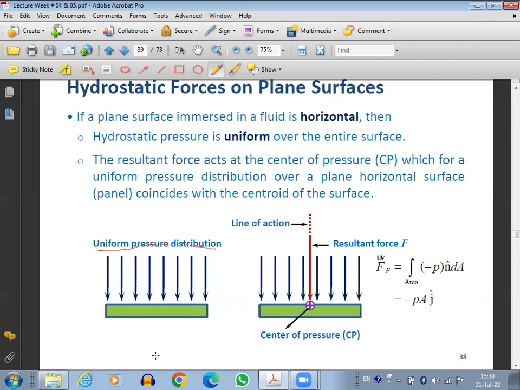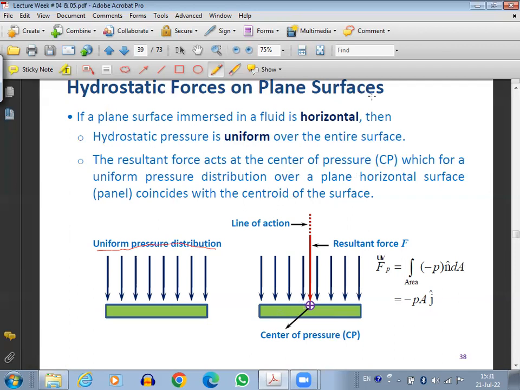So the uniform pressure will be applied here. Now the question is, what is the location of this force? The location will be exactly the centroid of this plane.